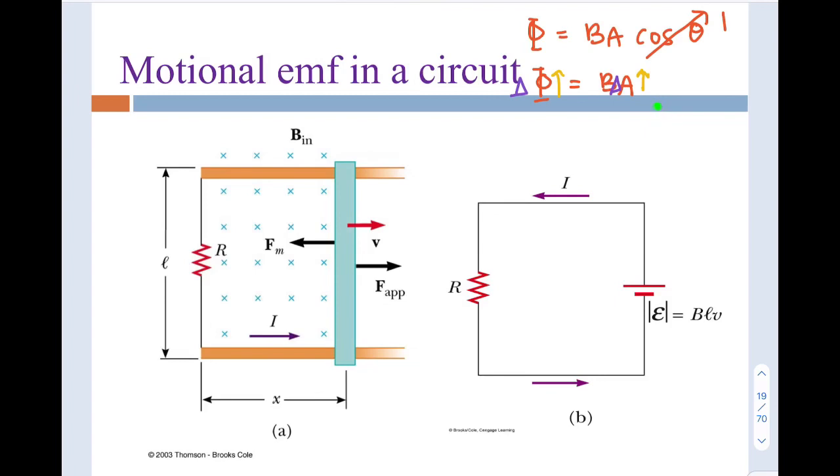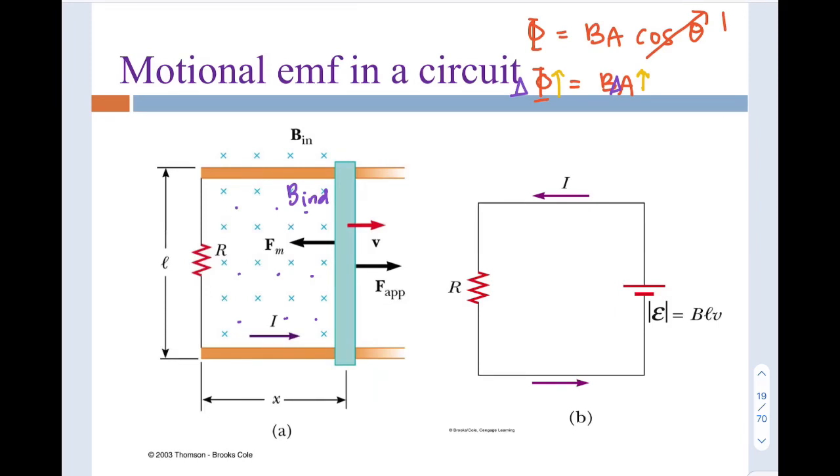So increment of A is going to cause another B induced, which is opposite to the B original, where the B original now is into the page. So the B induced is going to be out of the page. This is your B induced. By using Grab's rule, you may now determine the direction of the induced current produced within the loop.